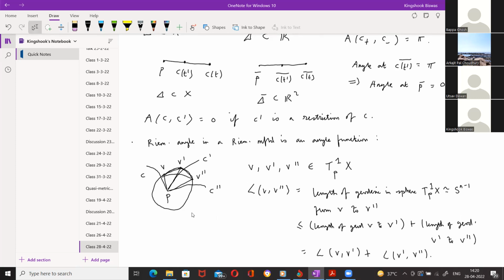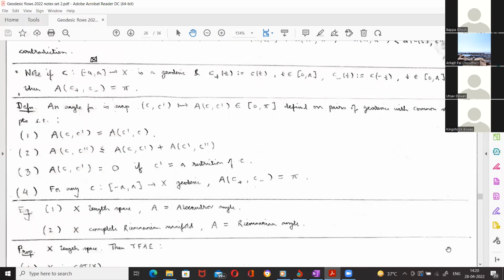Okay, so the Riemannian angle satisfies this. It's an angle function. All right. Okay, fine.